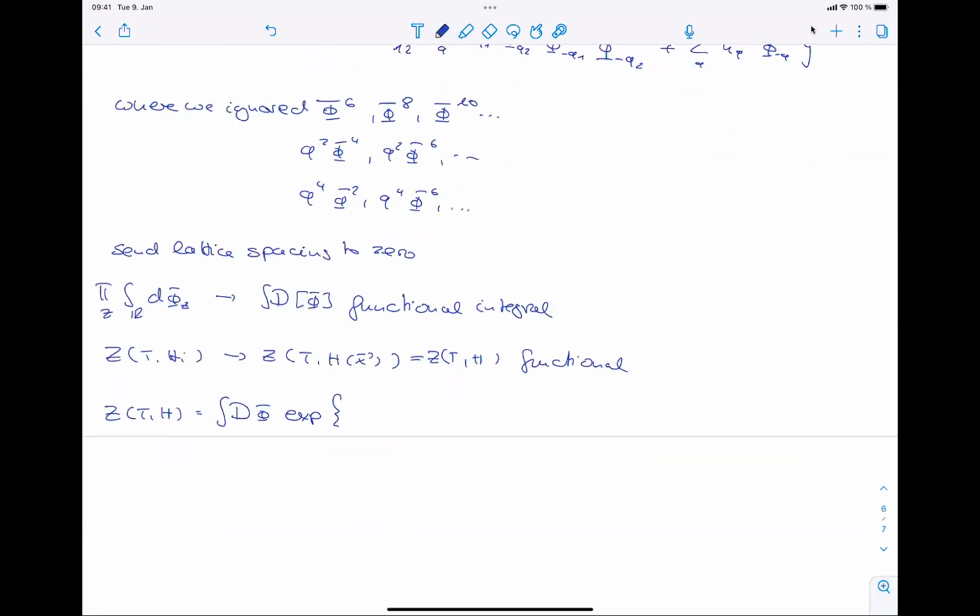And so what we have here is then integrating over dx of r phi squared plus gradients of phi squared plus u over 12 phi 4 plus, and then this is the field term.